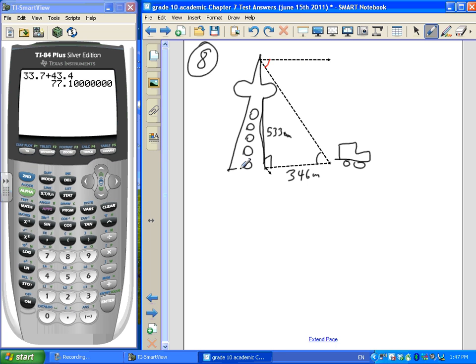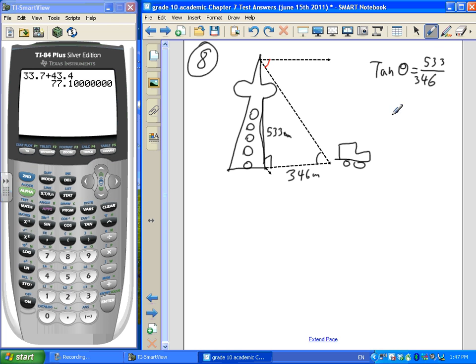Okay, so since that angle by the car, we have the adjacent, which is 346, and the opposite, which is 533. We're going to use tangent theta. So tan theta is equal to opposite, which is 533, divided by 346, okay?